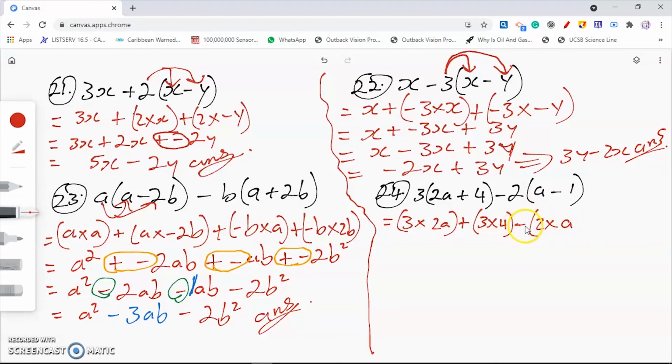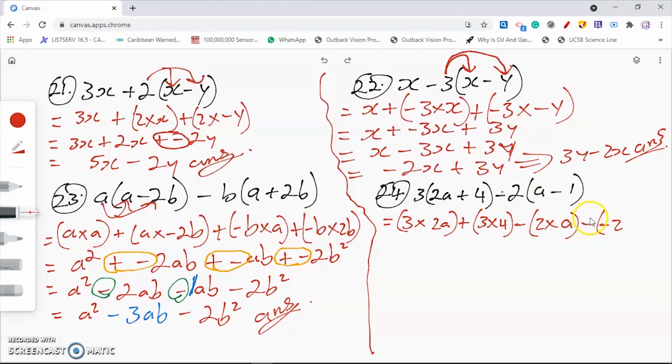So you see I have the minus sign outside the bracket, so I do not put the minus sign in front of the a, because the minus sign is already accounted for here. But when you are multiplying here, let's say I bring down this minus sign here, then inside my bracket I would have to have negative 2a, because this minus sign here is not accounting for this minus sign here.